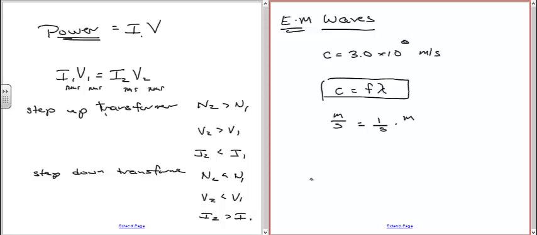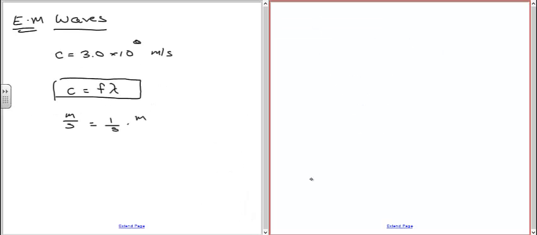So all you have to do for this problem is, I'm either going to give you lambda and you calculate f, or I'm going to give you f and you're going to calculate lambda. That's pretty much it. And this relationship applies to any waves that are moving in space. The speed may change. It may be the speed of sound or the speed of a wave on a string, but in this case, it's the speed of light in a vacuum. So let's just do one example.